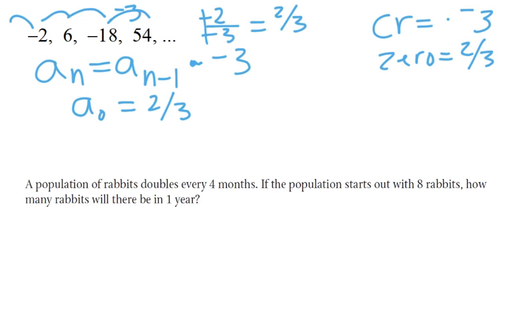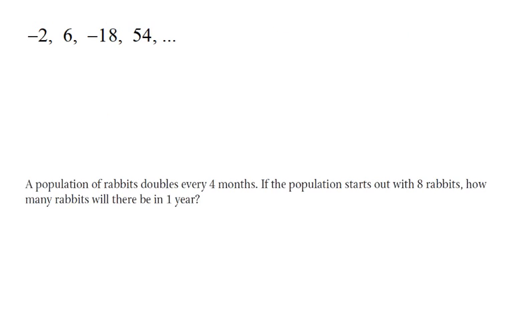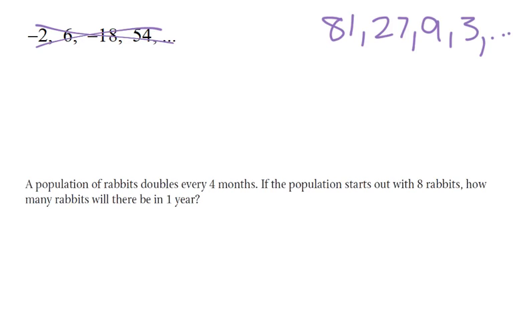Now maybe you see a problem. Let's make one up. Let's say we see something like this: 81, 27, 9, 3. Notice I'm starting with bigger numbers and going smaller.